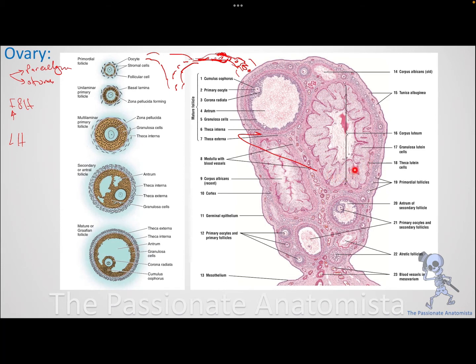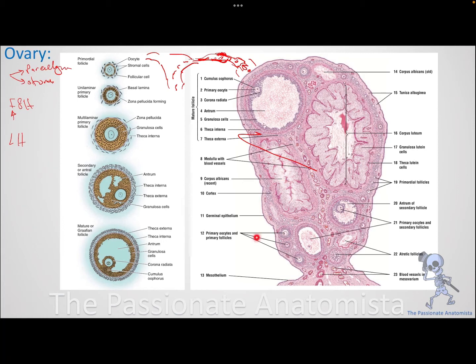And then once it's done its job, the corpus luteum is going to become atrophied now, replaced with connective tissue, and that connective tissue is white in natural settings, and that's why we call it corpus albicans, and albicans means white in Latin.